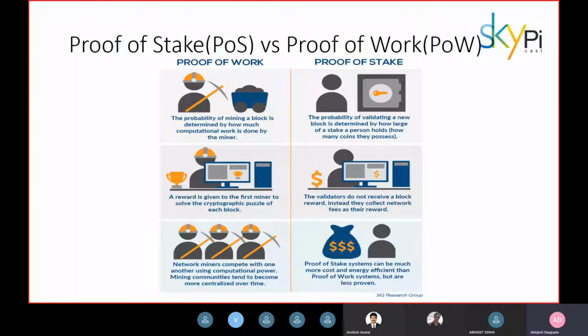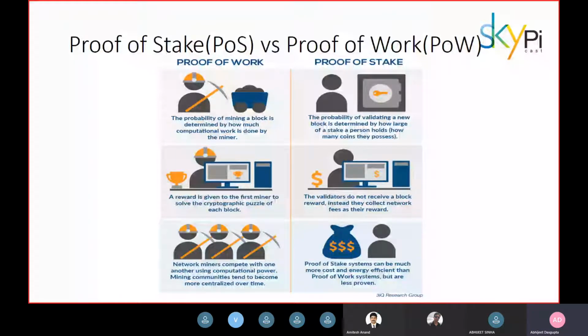Coming to the second point, in proof of work, a reward is given to the first miner who solves the cryptographic puzzle of each block. No matter how many miners are working to mine a particular block, only the first to solve the puzzle is rewarded and the others get nothing. In proof of stake, the validators do not receive any block reward.